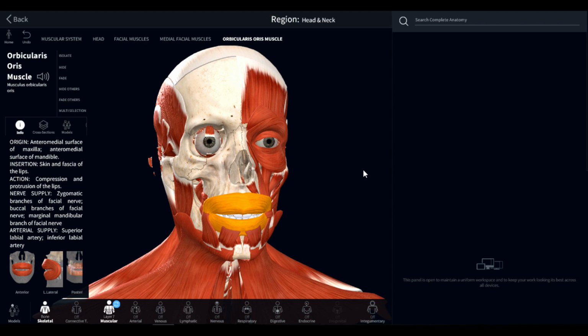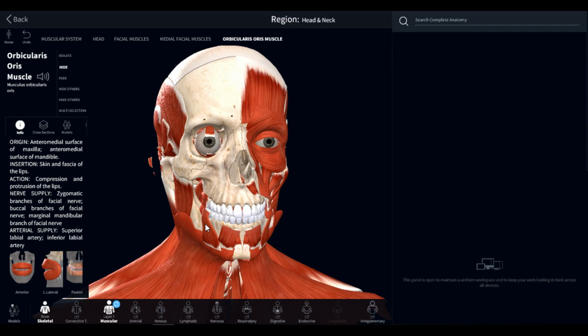The arterial supply for this is by both the superior and the inferior labial artery. Now, the inferior labial artery of the facial artery will supply the lower part of it, and the superior labial, as the name suggests, will supply the upper part of this muscle.